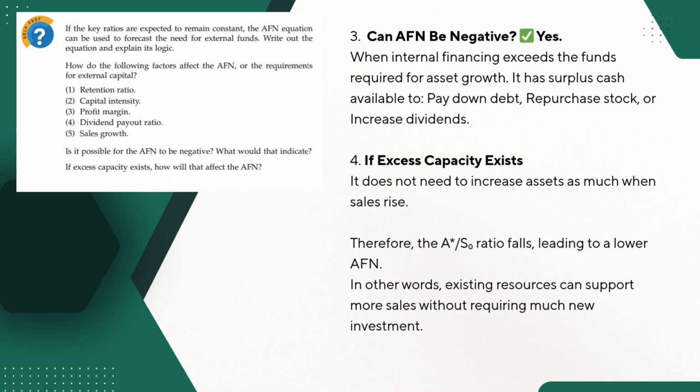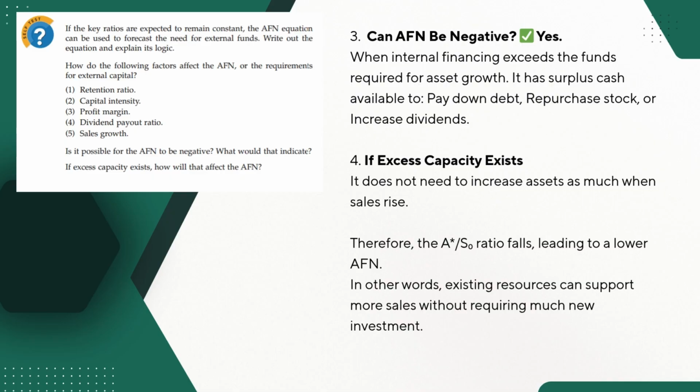For example, a BPO company in Cebu might generate strong cash flow but have minimal need for new equipment. Their AFN is negative, meaning they can use surplus cash to pay down debt, buy back shares, or increase dividends. It's like earning more than your monthly expenses. Instead of borrowing, you can start investing.